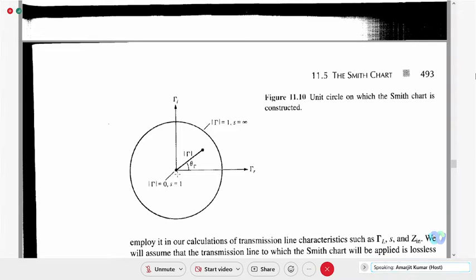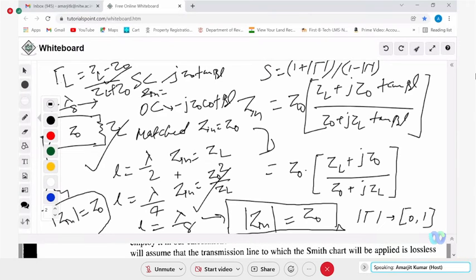What will be the reflection coefficient for the short circuited line? Gamma is equal to -1 for the short circuited, and for the open circuited, gamma is equal to 1. What will be gamma r and gamma i for the short circuited and open circuited case? For the short circuited, gamma r is equal to -1, gamma i is equal to 0.